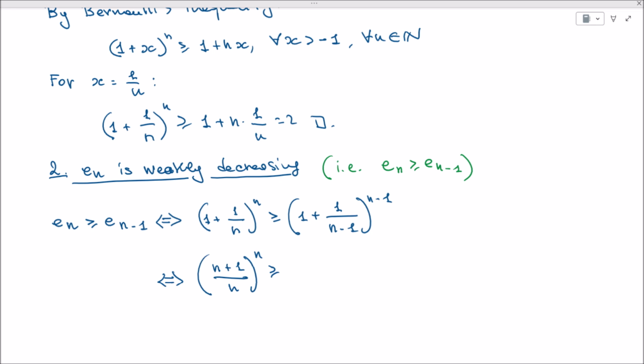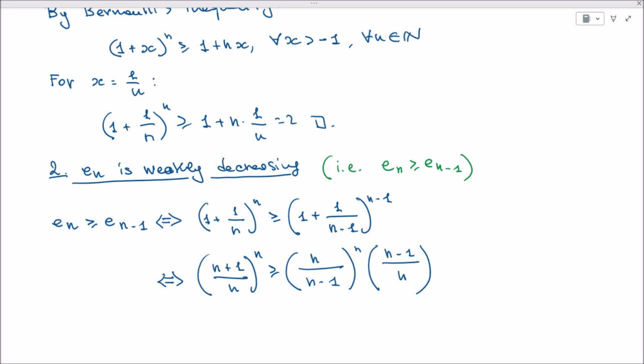This must be larger than or equal to (n divided by n minus 1) all raised to the n minus 1, but instead of writing this parenthesis to the n minus 1, we will split this into a product. We will write that this is (n divided by n minus 1) to the n times (n minus 1 divided by n).